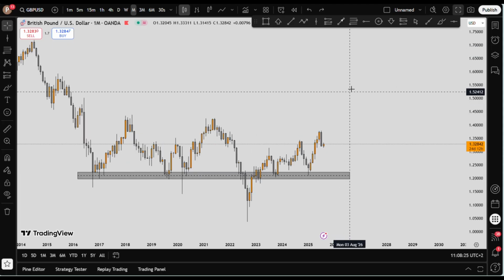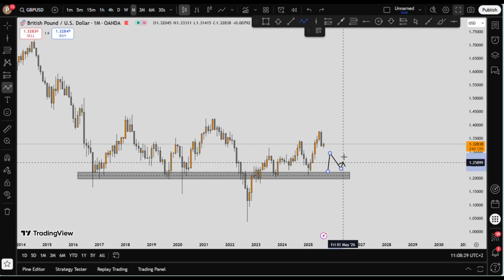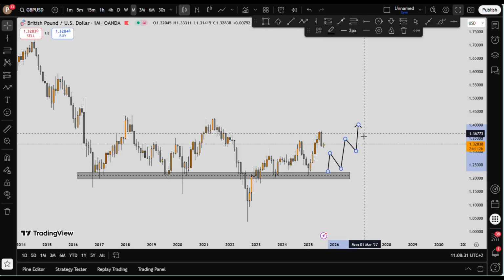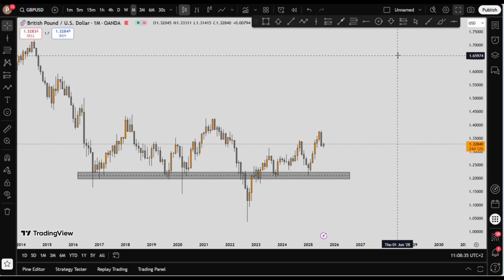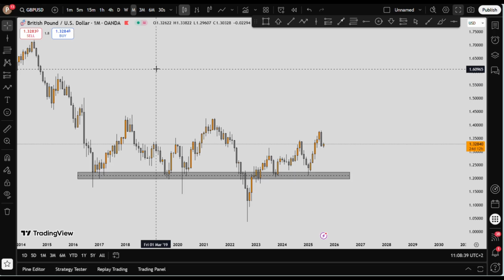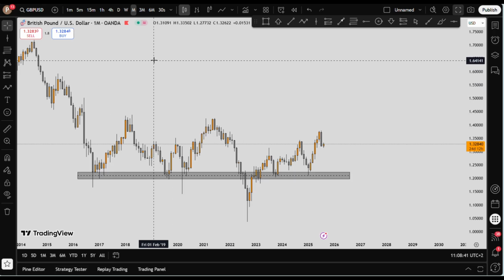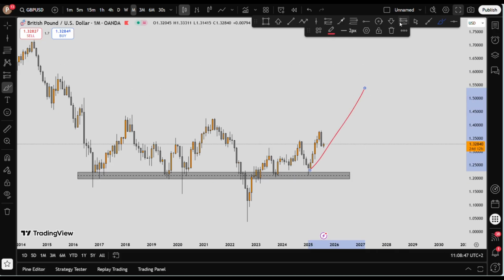So what we know right now is that GBPUSD is currently in an uptrend. It's impulsing, but that'll be clearer when we drop down to our lower time frames. Okay, so on the monthly, we know that we are currently impulsing from this zone here. We are currently in an uptrend, right?